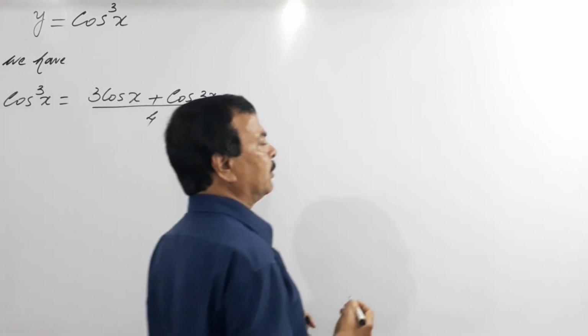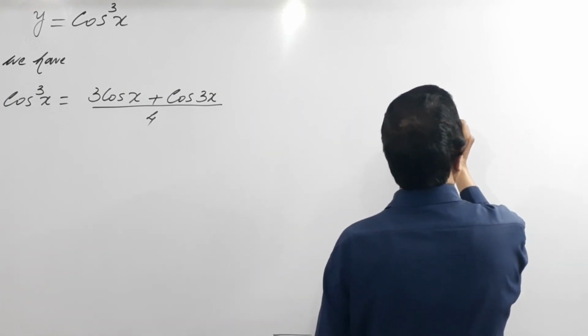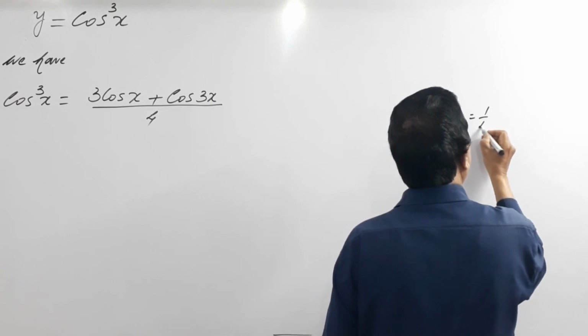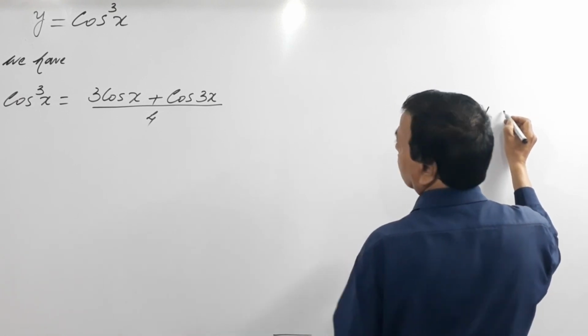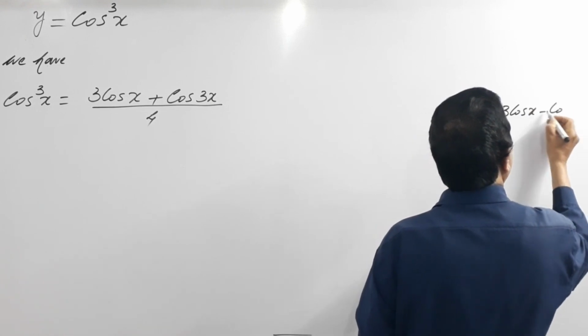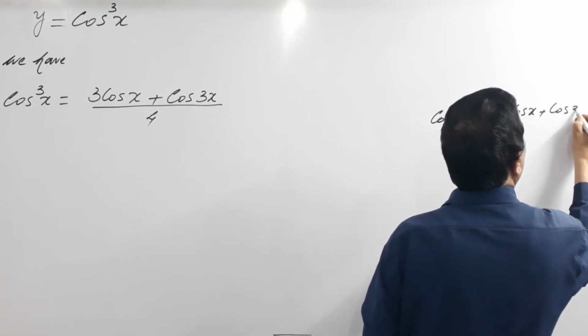But in most of the textbooks, the formula reads like this: cos cube x equals 1 by 4 into 3 cos x plus cos 3x.